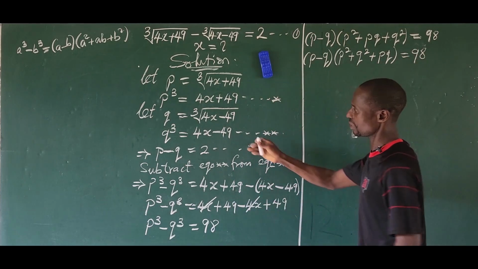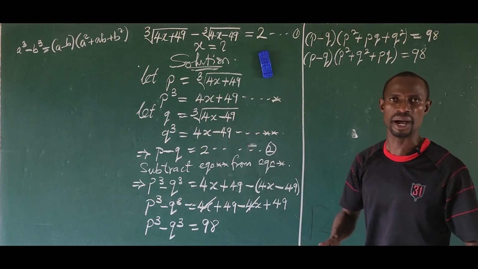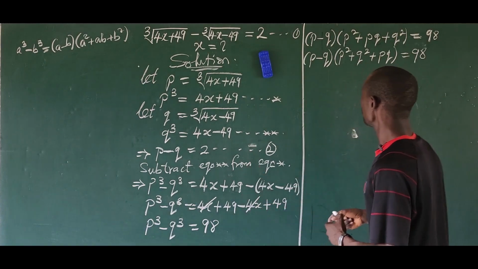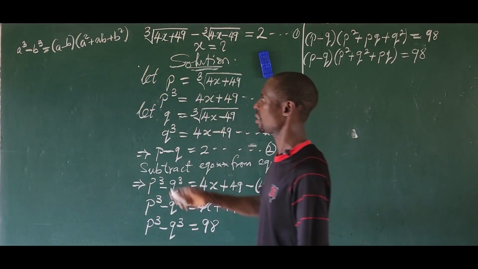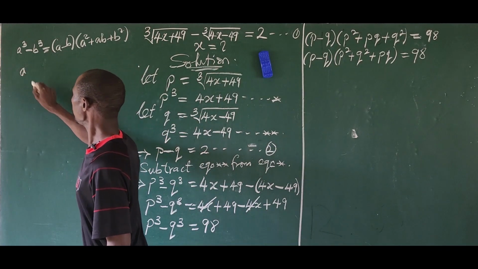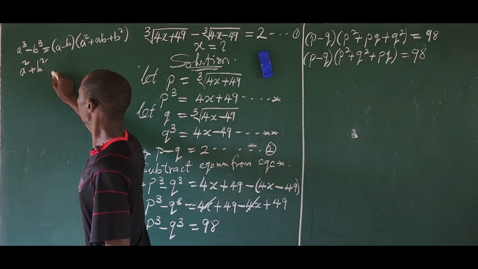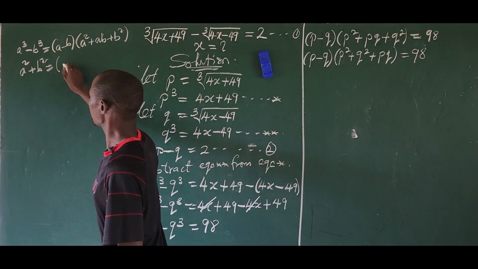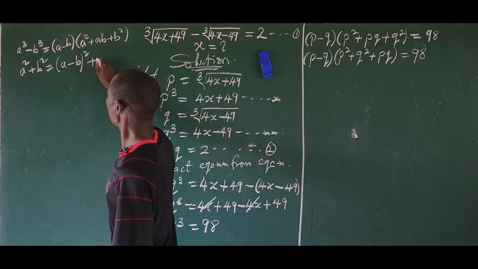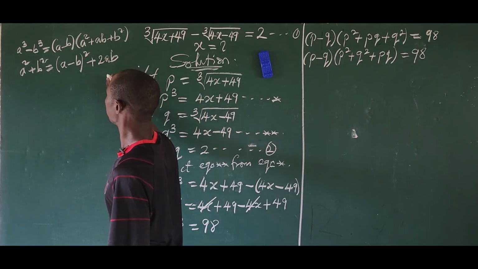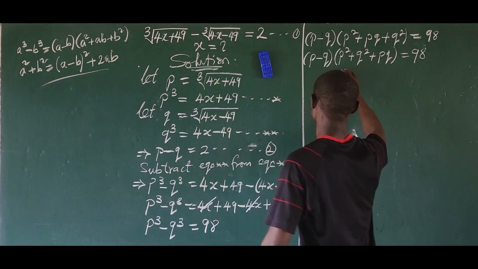We do not have any expression of the kind P to the power of 2 plus Q to the power of 2. So what we do is turn to another algebraic expression which says that A to the power of 2 plus B to the power of 2 is equal to (A minus B) all to the power of 2, plus 2AB. So we're going to rewrite this expression in this format.